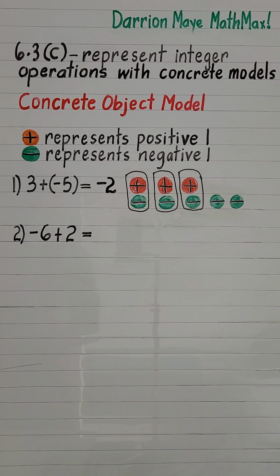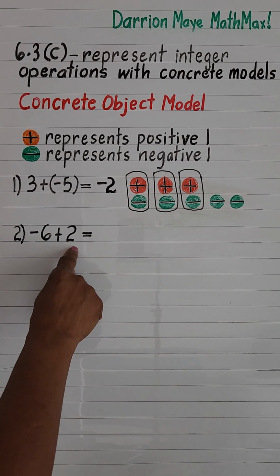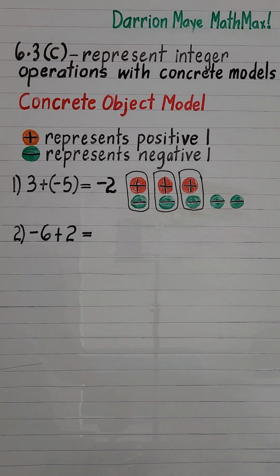And now we will move on to -6 plus 2. So we have 2 positive orange and we have 6 negative green.